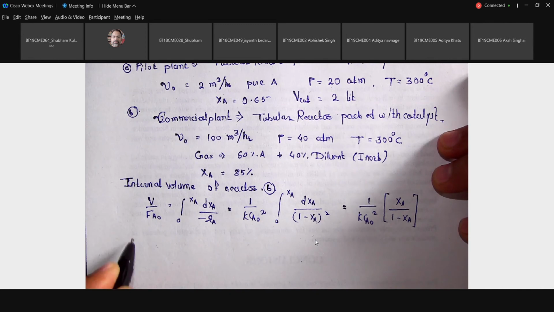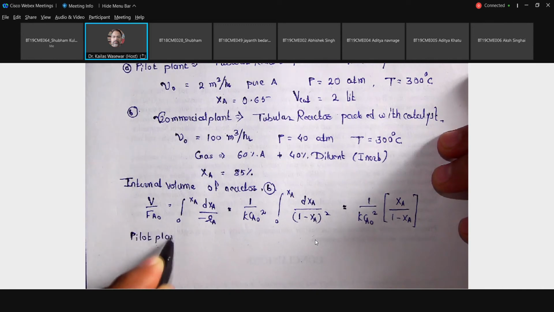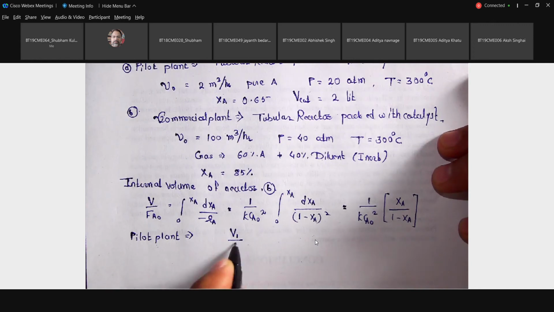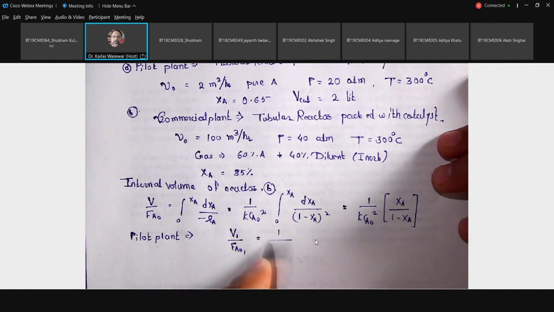So for pilot plant, we can write V1 upon Fa01 is equal to 1 upon K Ca01 square Xa1.